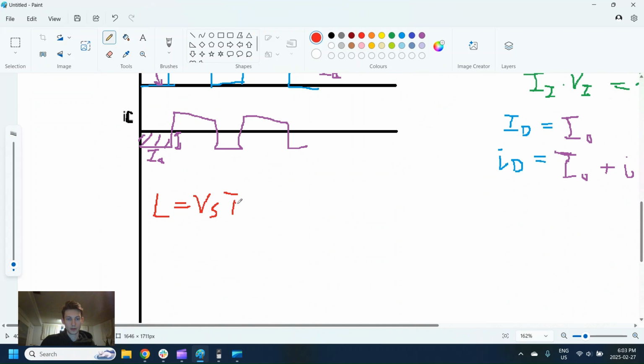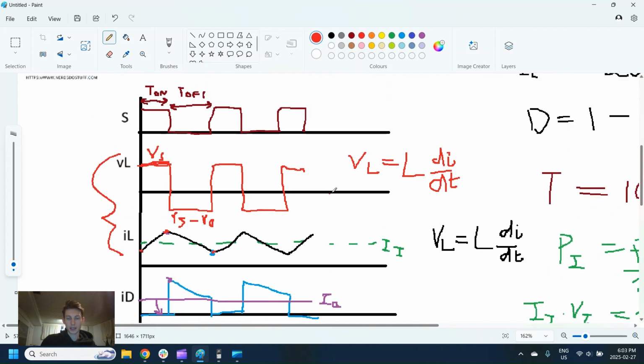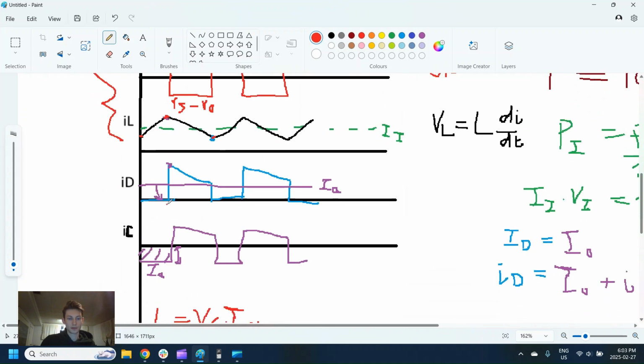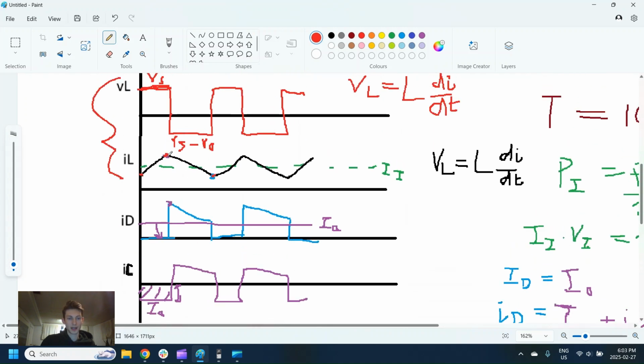So t on, and then we're going to divide by di. This one is where we're going to take that useful thing about the fact that we're choosing from this point to this point. Well, what is the change in current here? That's going to be this distance here along the current axis.